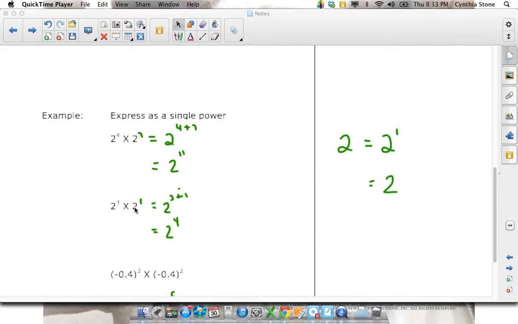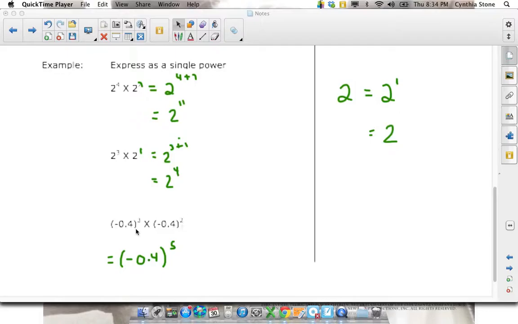Same here, 2 to the 3, now just times 2. That looks tough, but you just have to remember that 2 is the same as 2 to the 1. 2 to the exponent 1 just means 2 times itself once, which is just 2. Okay? So that means you've got 2 to the 3 times 2 to the 1, which is 2 to the 3 plus 1, which is 4. And it doesn't have to be 2, it could be a decimal.